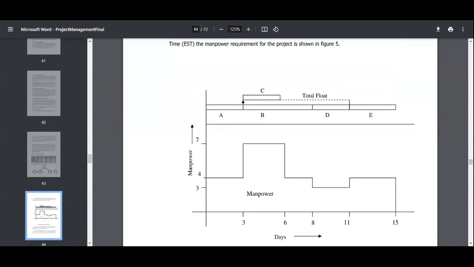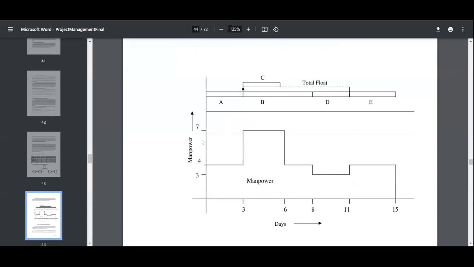Here we have seen some manpower, whatever manpower is required, 7, 4. As per the activity, A is here and A requires 3 manpower. B also requires 3, right? So B and C is 6.